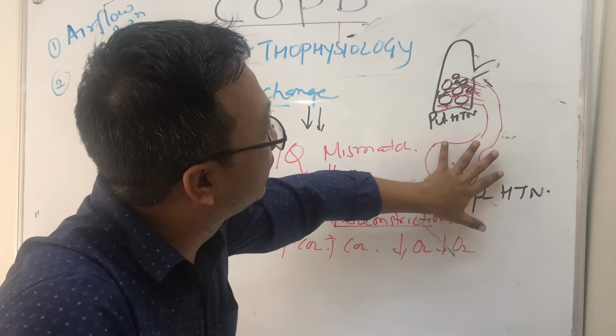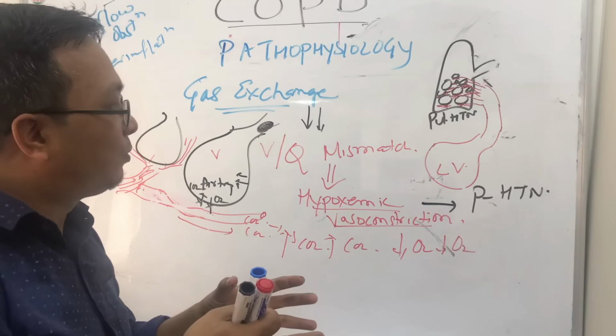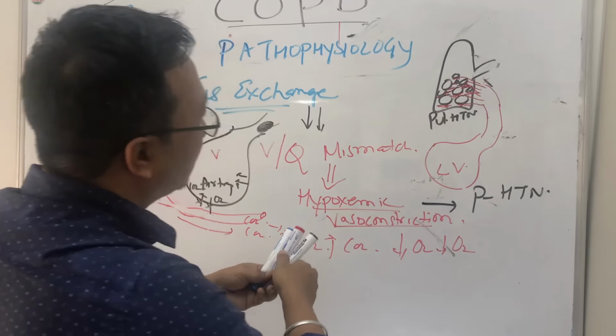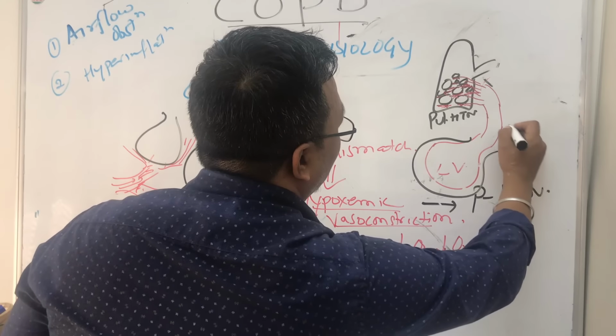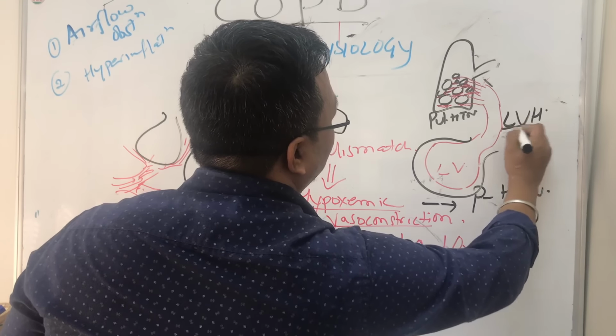But now there is so much obstruction here, it has to put in extra effort. So sooner or later, this left ventricle will be hypertrophied, because it is working against an increased workload. So this hypoxemic vasoconstriction will lead to pulmonary hypertension, and it is now leading to left ventricular hypertrophy.